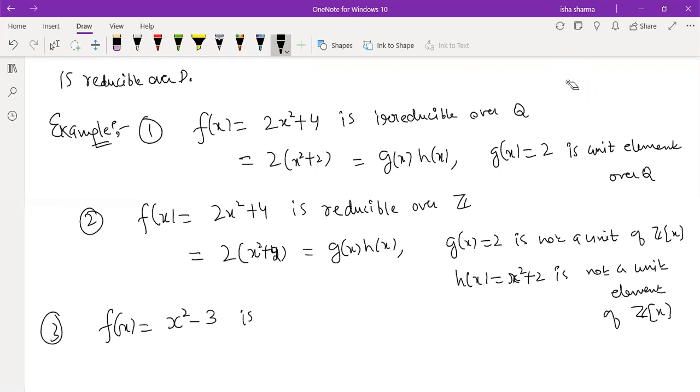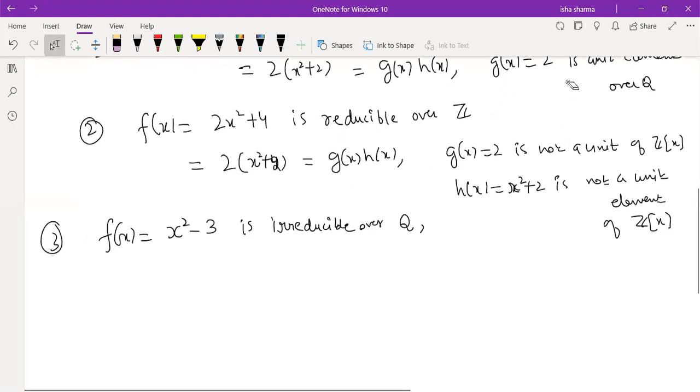Yeah, so I was giving you another example. This one is irreducible over Q, because over the field of rationals you are not able to find any factors. Clearly its only possible factors are x minus root 3 and x plus root 3, but square root of 3 does not belong to the rationals, so you cannot write that. The factors should belong to the same polynomial ring.